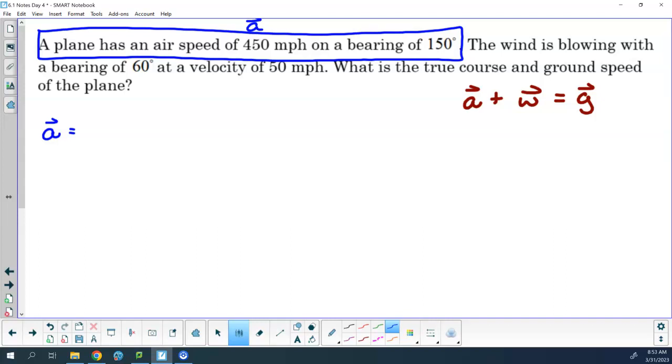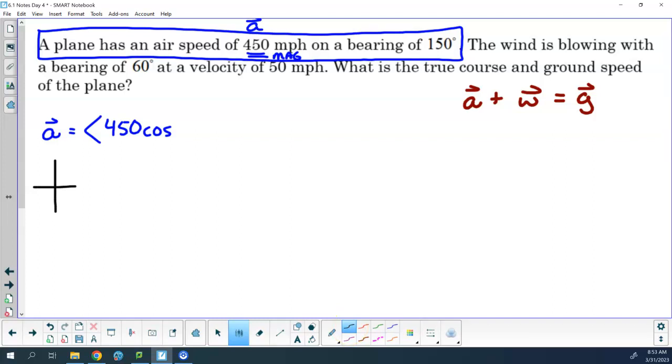So if we have vector A, its magnitude is 450 times the cosine of its direction angle. Now, we've got to convert a bearing of 150 degrees into a trig angle.